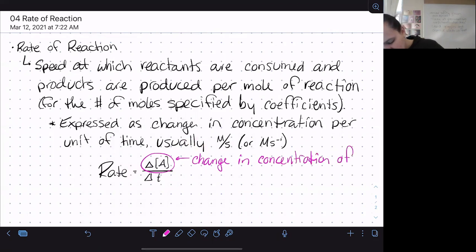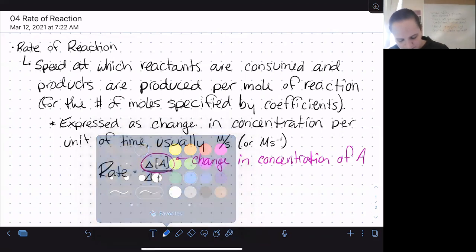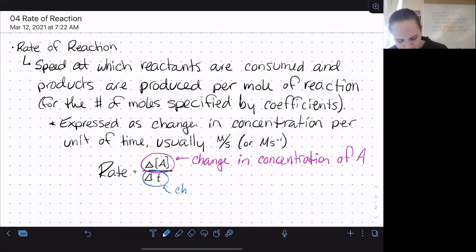Change in concentration of A, whatever generic A is. And delta T would be the change in time. So the change in concentration divided by the change in time is equal to the rate in terms of A.